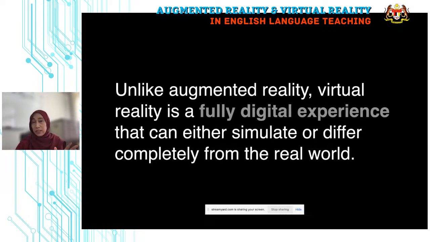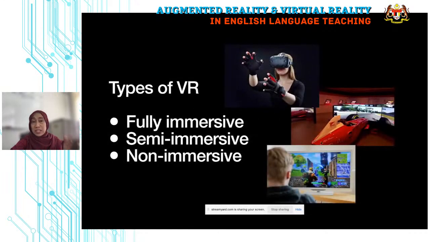So unlike augmented reality, virtual reality is a fully digital experience. It is like a 360 degree view in a different world. It is completely out of the real world, so that's why it is called virtual reality. It is very virtual in a way. It is not real life. That's what it means. Okay, what are the types of VR? This one you have to understand: not all VR comes with goggles.